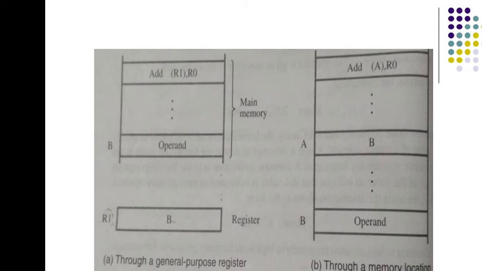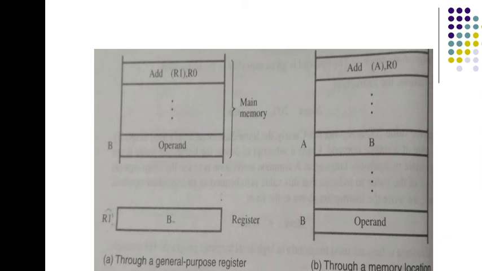Next, coming to figure B, that is through the memory location, the instruction is add (A), R0. So I will go to A. It has directly given the address of the memory location. Go to that particular location and you find b. Go to b and you will find the operand.